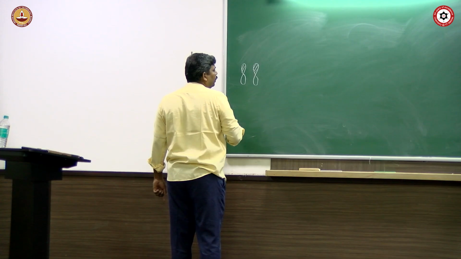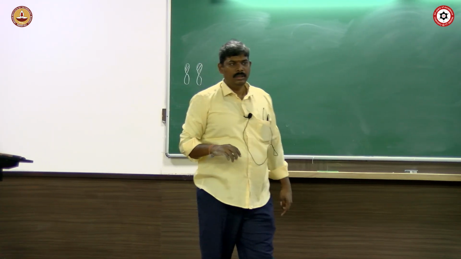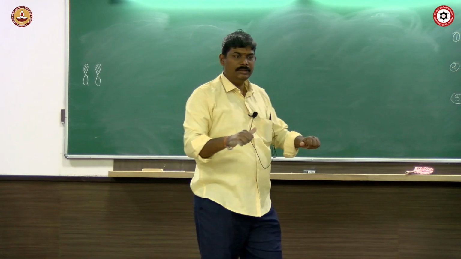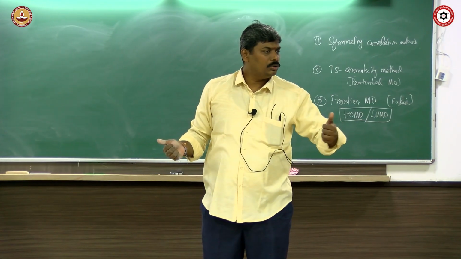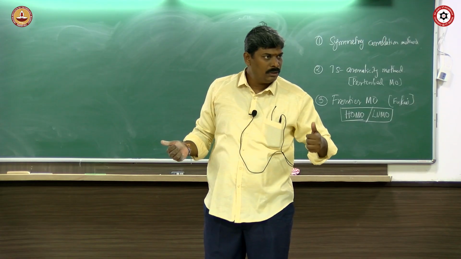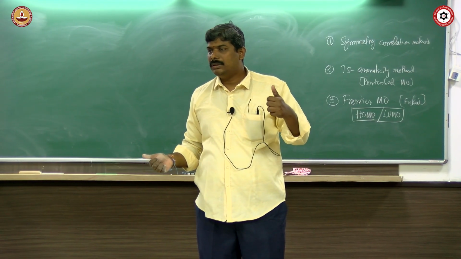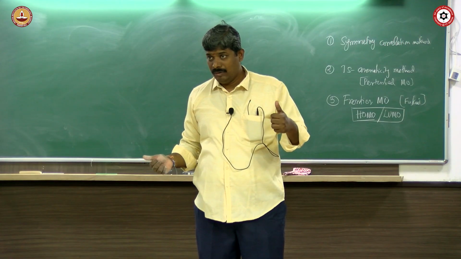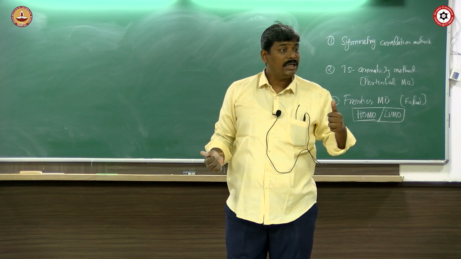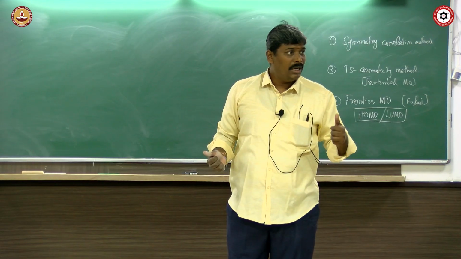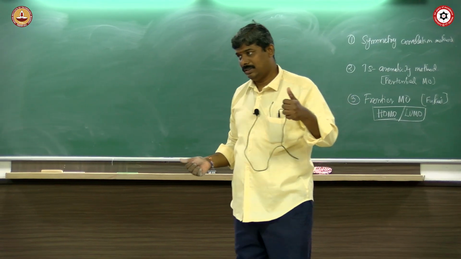Consider that you bring two carbons. According to MO theory, it's a mathematical addition and subtraction way of deriving your molecular orbitals. So I'm going from atomic orbitals to molecular orbitals. In this process, orbitals are conserved, which means the number of atomic orbitals I start with, I'll have the same number of molecular orbitals, isn't it?